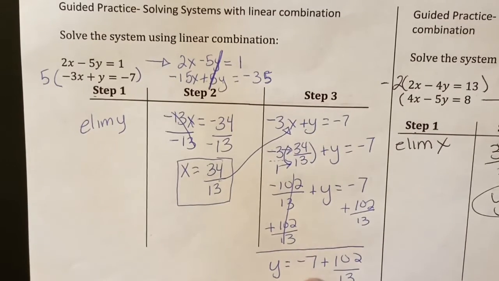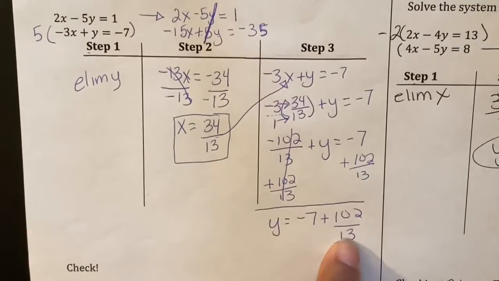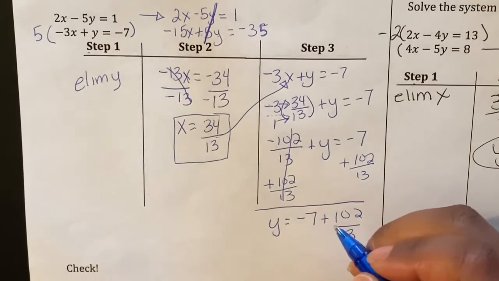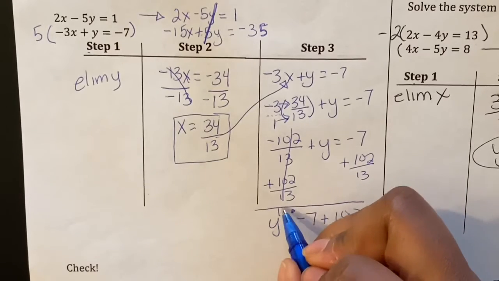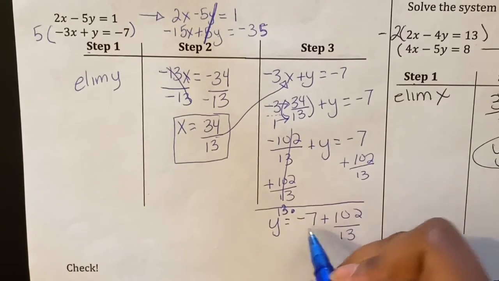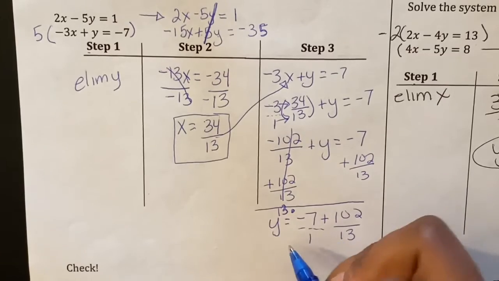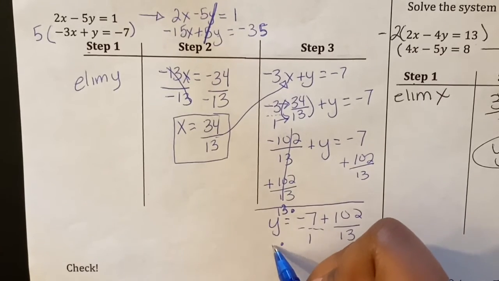Now, you have to remember, again, rules of fractions. When you're trying to add or subtract fractions, they have to have the same denominator. So negative 7 plus 102 divided by 13, they both have to have the denominator of 13. So I'm going to multiply negative 7 by 13, and I'm going to multiply the invisible 1 by 13.